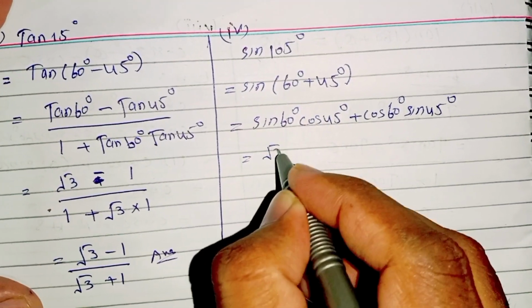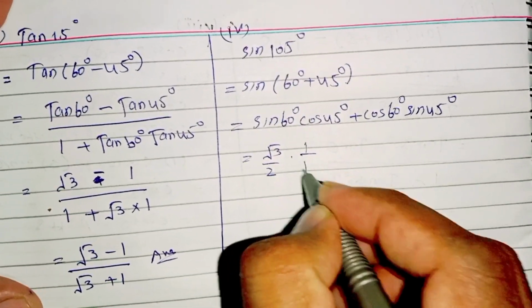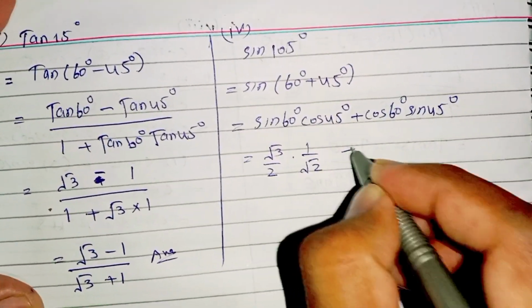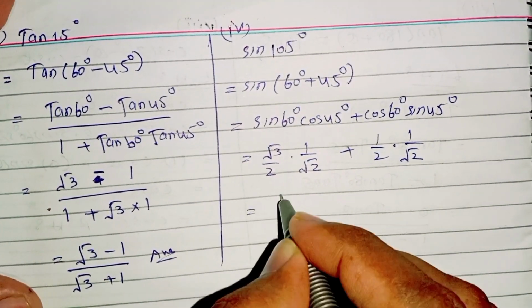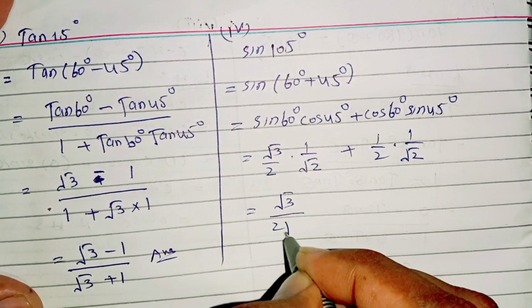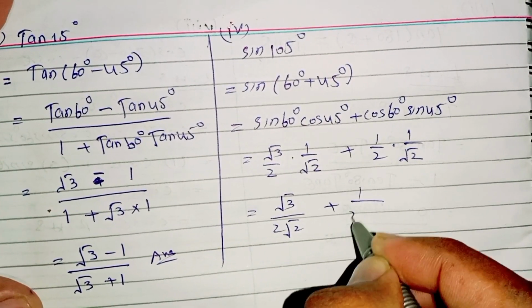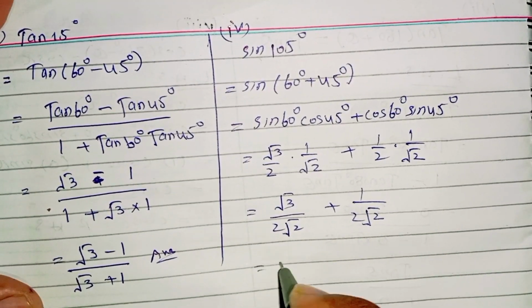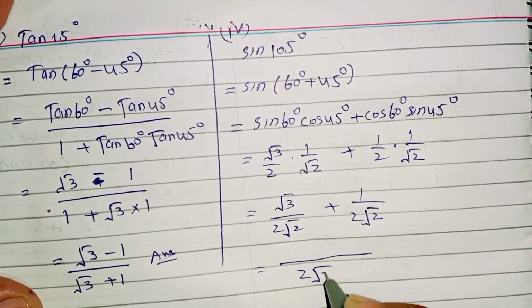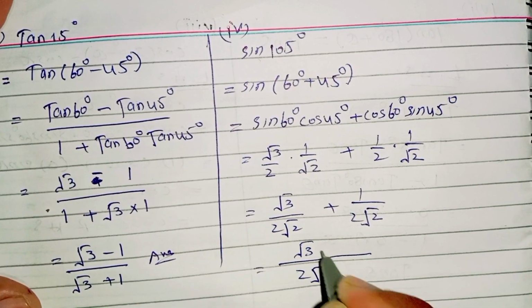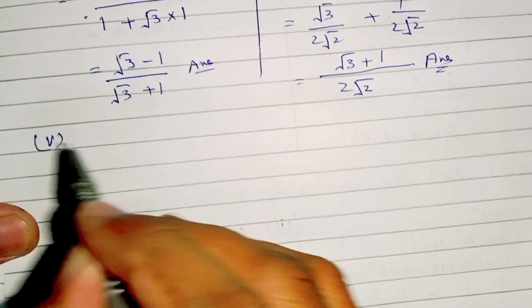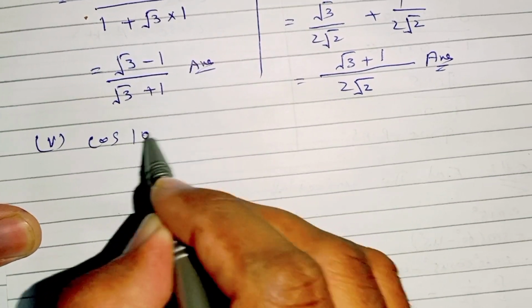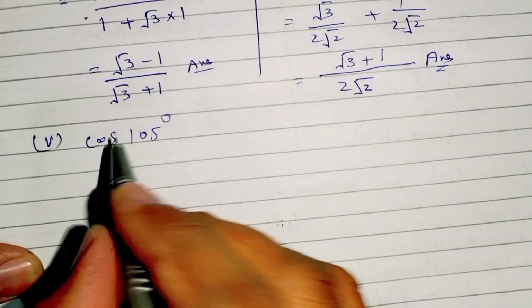Sine 60 degree is square root 3 over 2, 1 over square root 2, plus 1 by 2 multiplied by 1 over square root 2. We have square root 3 over 2 square root 2 plus 1 over 2 square root 2. Taking LCM, we have LCM as 2 square root 2 and in the numerator it will become square root 3 plus 1.